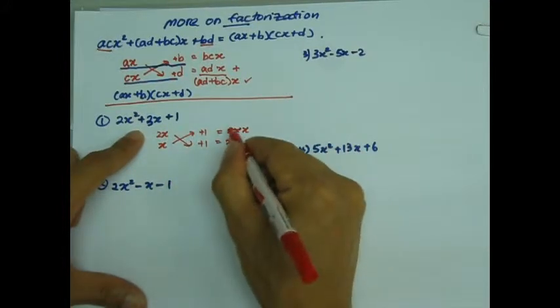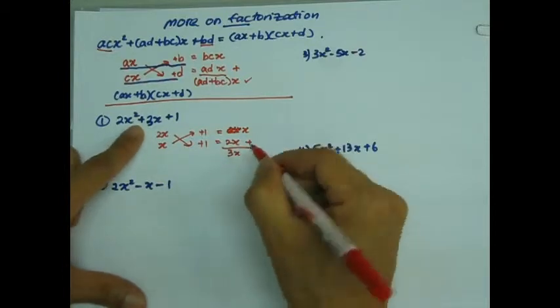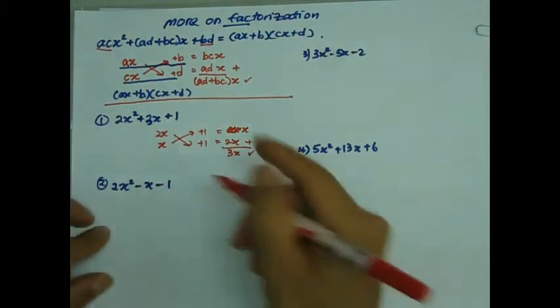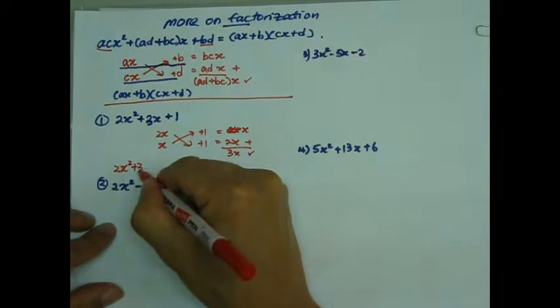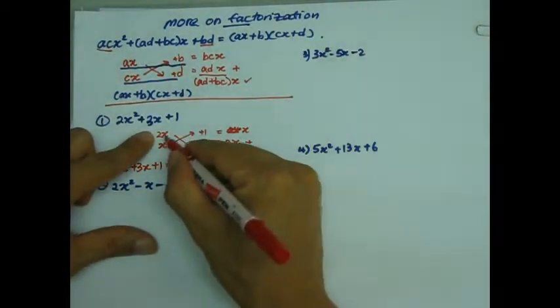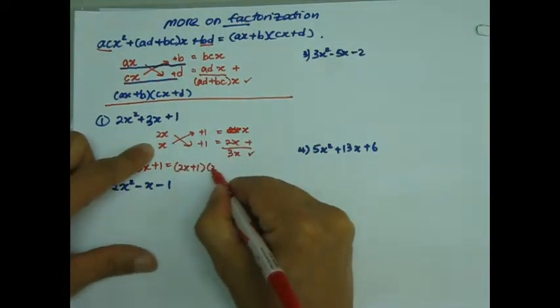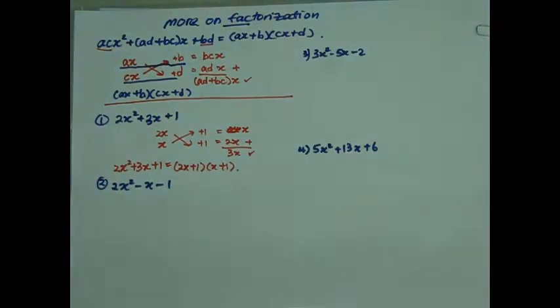If you add them together, that gives me 3x, precisely the middle term here. So the factorization of 2x squared plus 3x plus 1 is, horizontally, (2x plus 1) times (x plus 1). That's it.